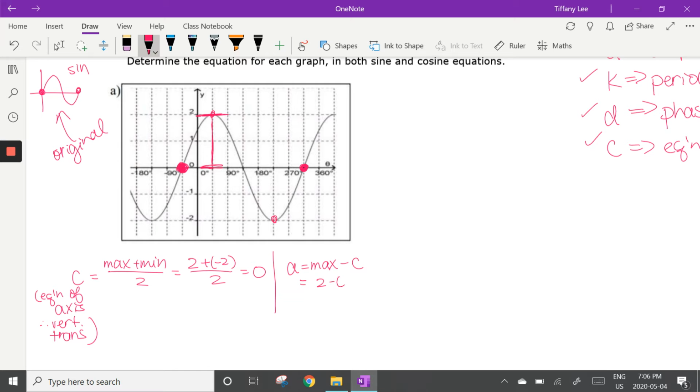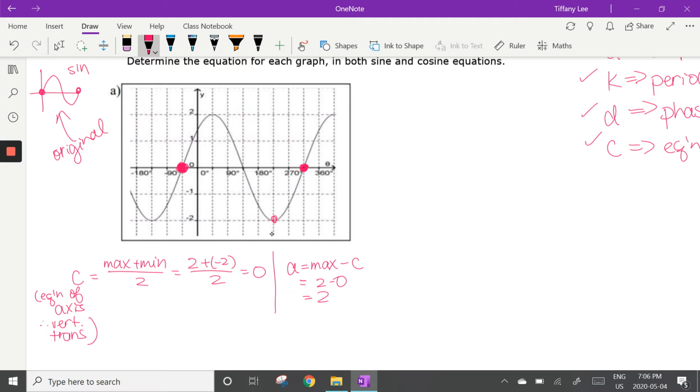So that's going to be 2 minus 0, which equals 2. So you just solved for your amplitude. If we think back to our original, if we didn't have a vertical stretch, it would look something like this. But our graph has been stretched vertically now, so our amplitude is 2.